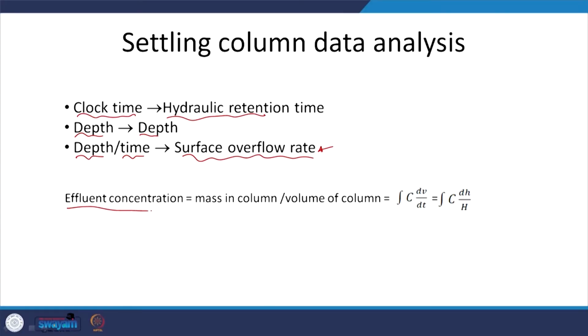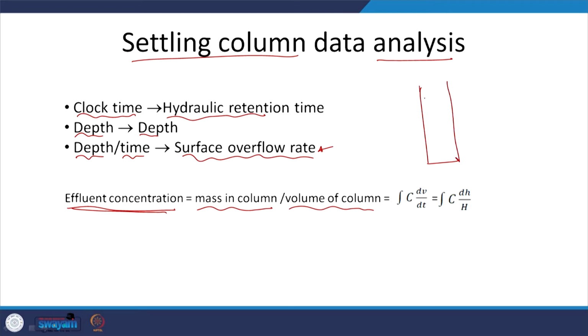In general, looking at our settling column analysis, the effluent concentration will be equal to the mass in the column divided by the volume of the column, right? So after some time, earlier it was different particles of different sizes. Let's say initially this is it. After some time, maybe here I have the smaller particles, and here I have the bigger particles, a mixture, and here I have my sludge.